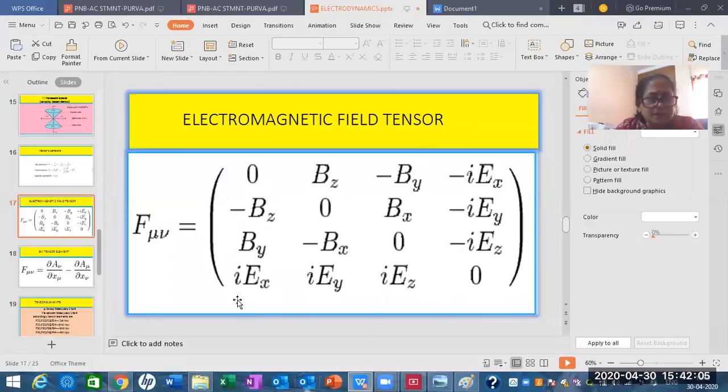That's why this is a tensor of 4th rank. 4 variables, it is of 4th rank. 2 variables, it is 2nd rank. 3 variables, 3rd rank. What type of tensor is it? It is an asymmetric tensor. The elements here are reverse of each other: if one is positive, another is negative. So this is how the electromagnetic field tensor is defined.